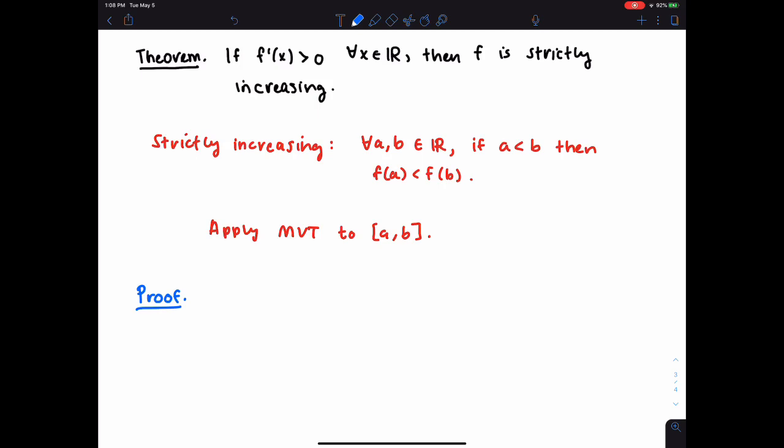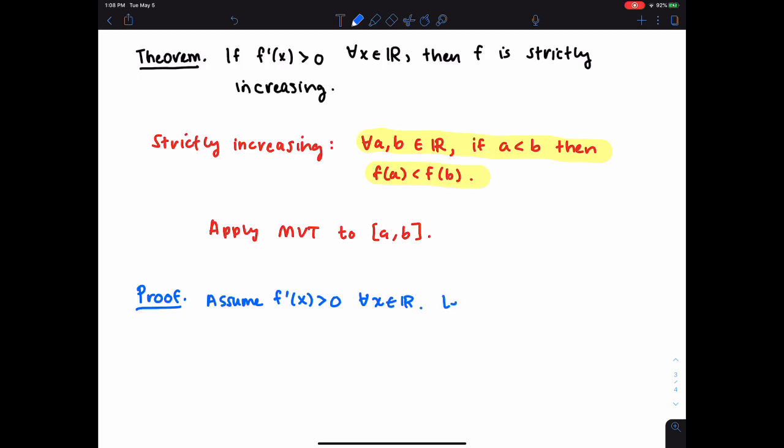So we want to assume f prime of x is greater than 0 for all x in R. And then the structure of our proof should follow the logical structure of the conclusion. So I am going to be paying attention to this quantified statement for the definition of strictly increasing and follow that in how I introduce my variables.